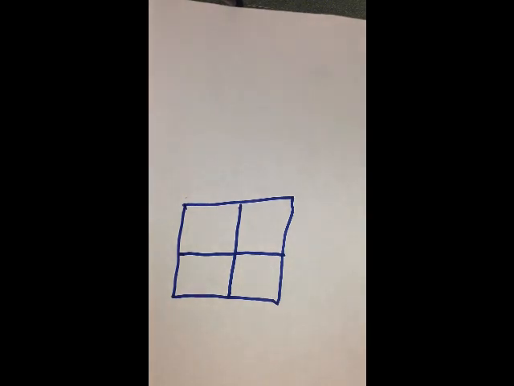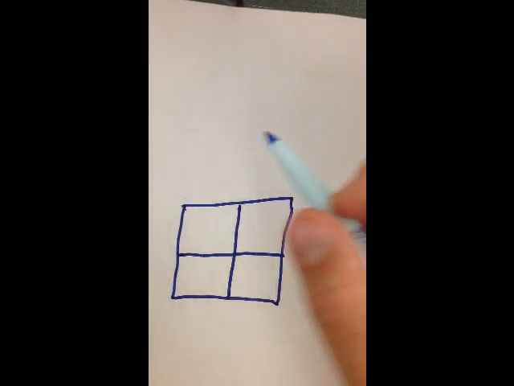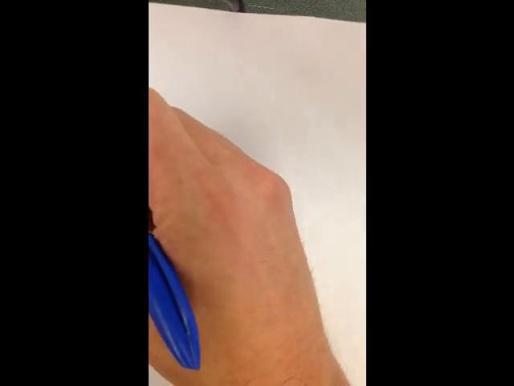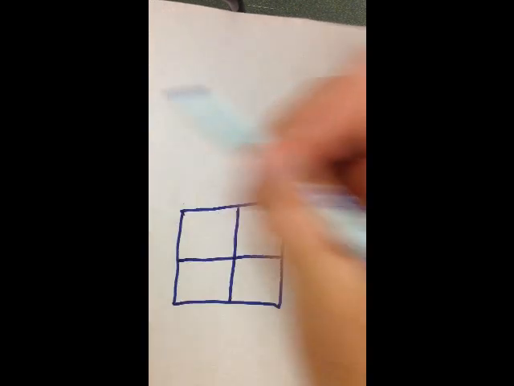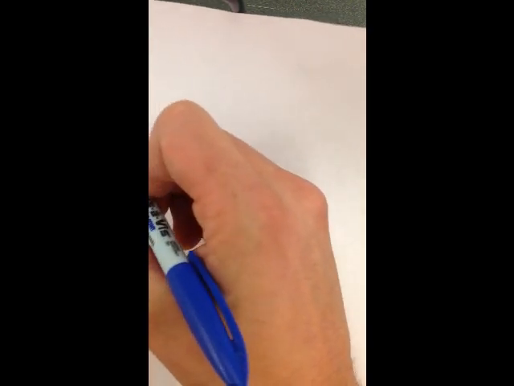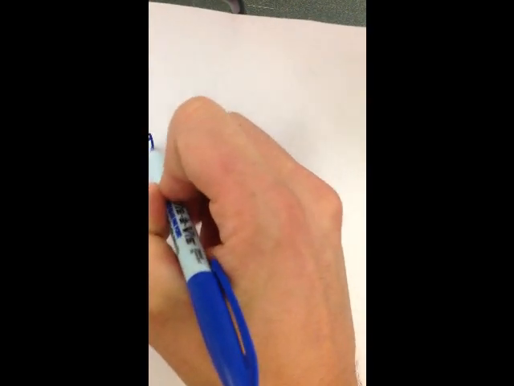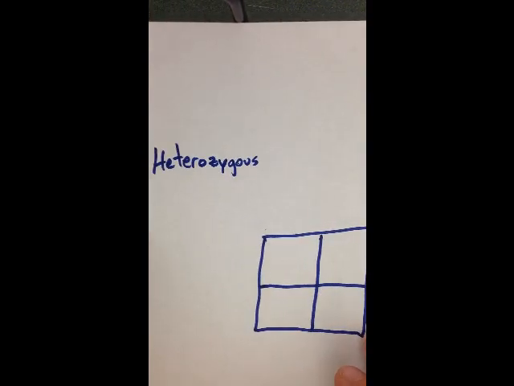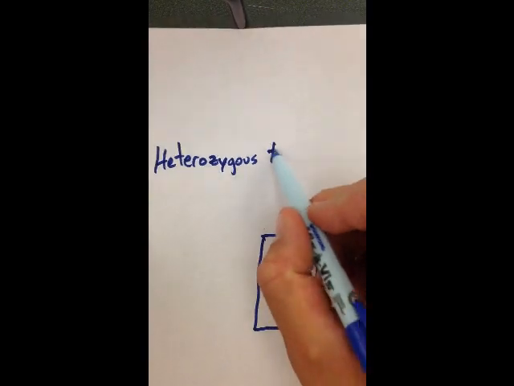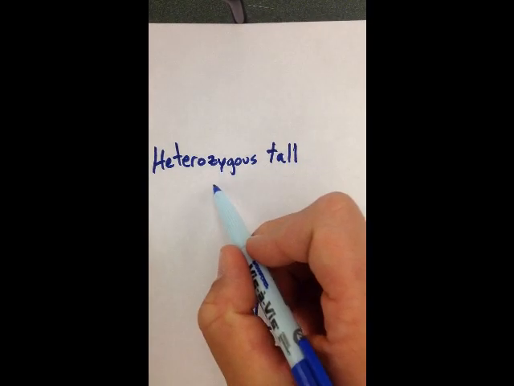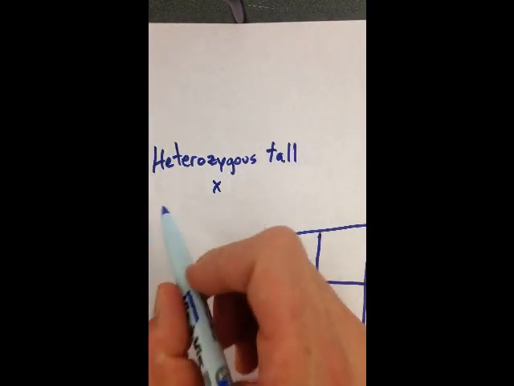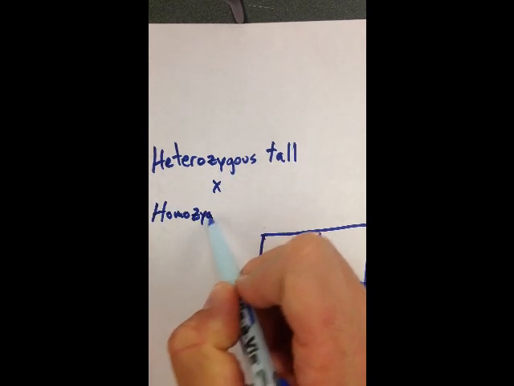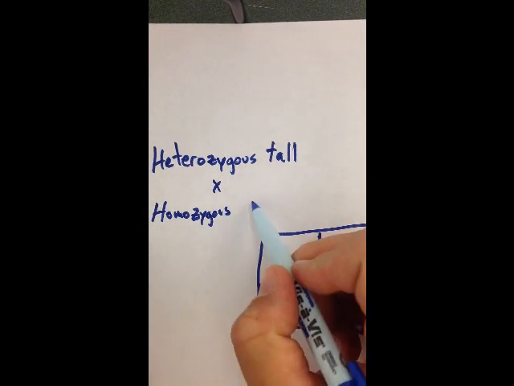And so what we might say is we are crossing a heterozygous tall plant, and we're going to cross that with, let's say, a homozygous short plant.